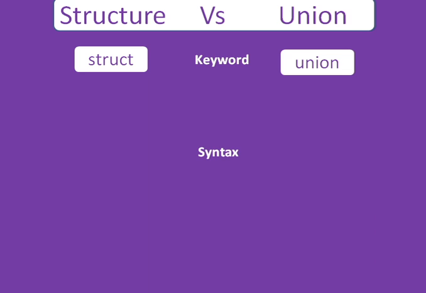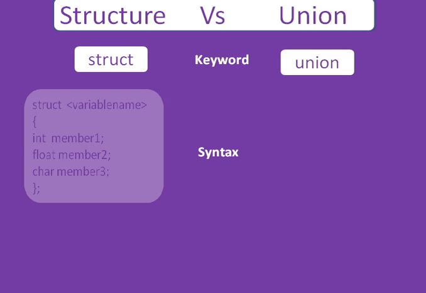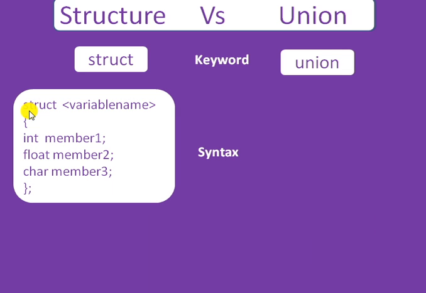And the syntax to write a structure is struct followed by a name. This is a user defined area, you can write any name, and the structure has opening and closing curly braces. Within this area you can write the data types. Here the data type variables are called members of the structure.